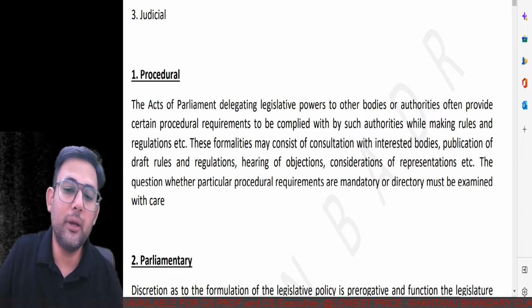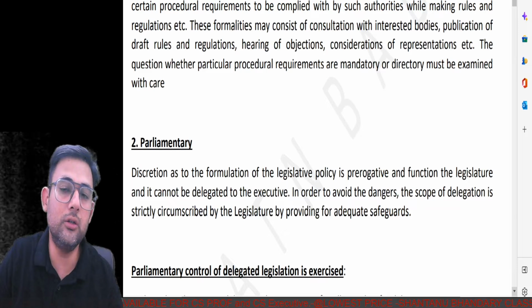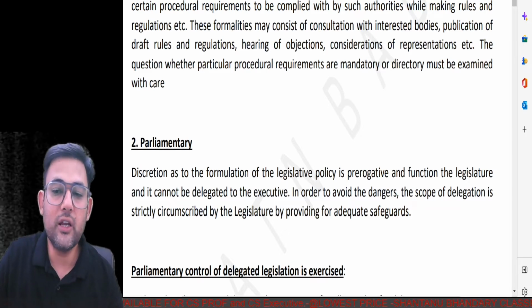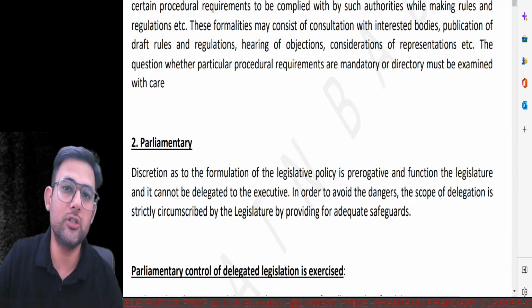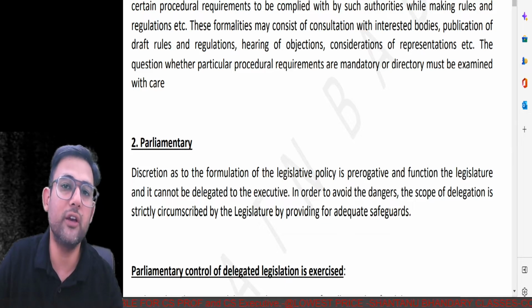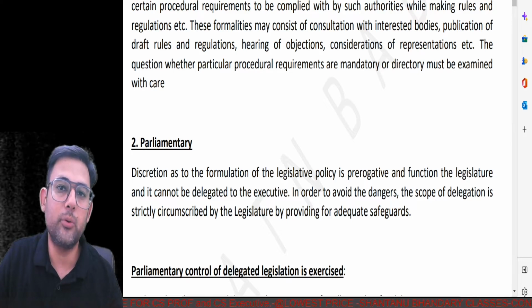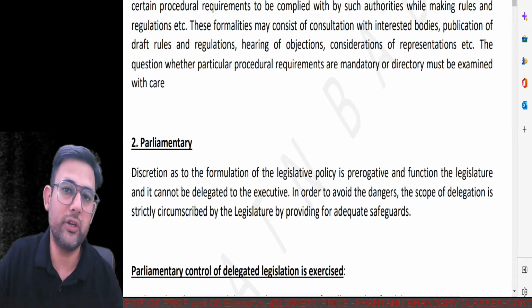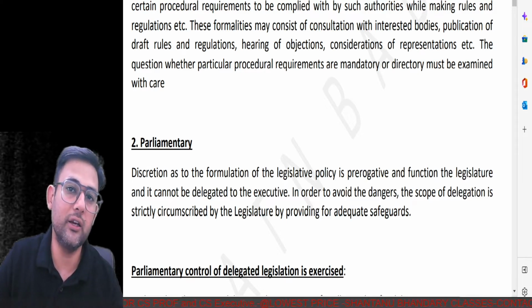The other is parliamentary. The parliamentary method of control is that in case there's any over exercise of powers or misuse of any kind of delegation of the powers that has been given to the executive, the parliament or the legislature can step in and discard all the rules and regulations that have been made by the executive using the delegated legislation.